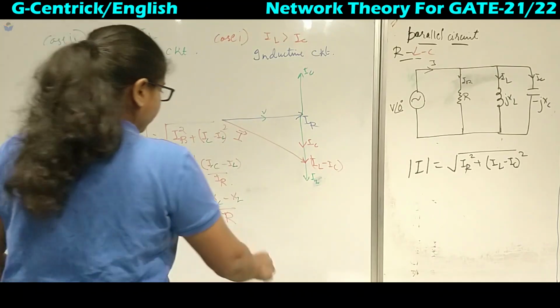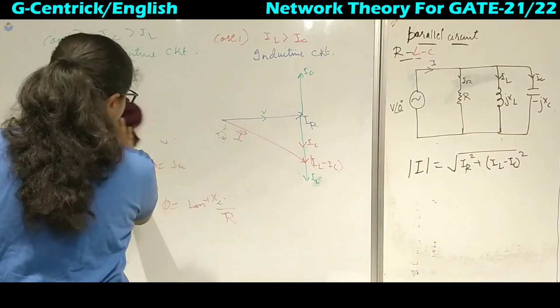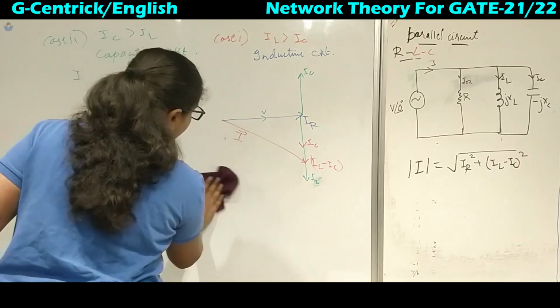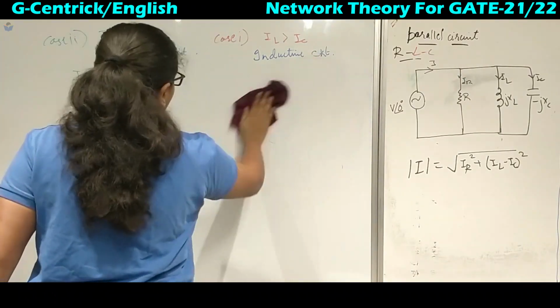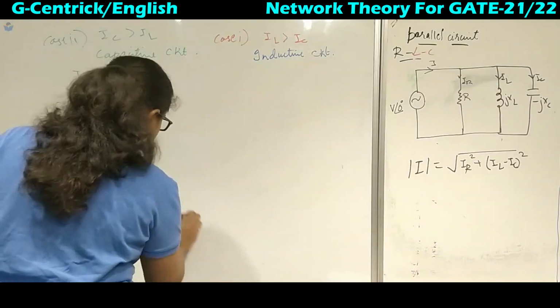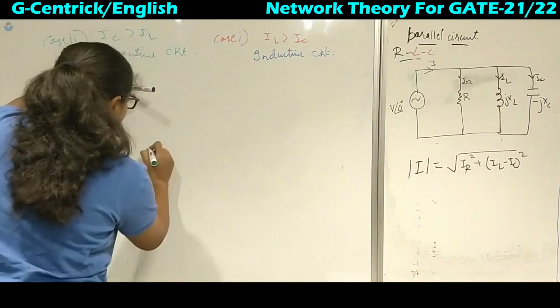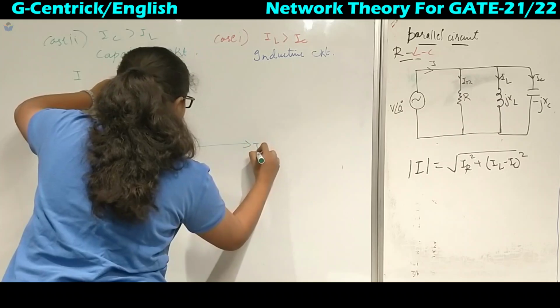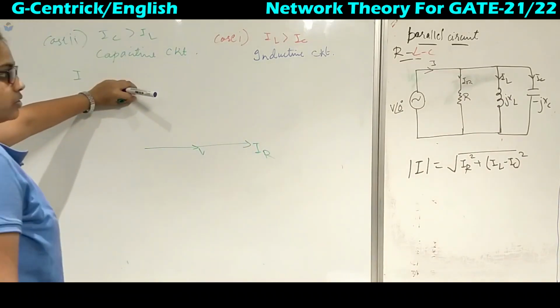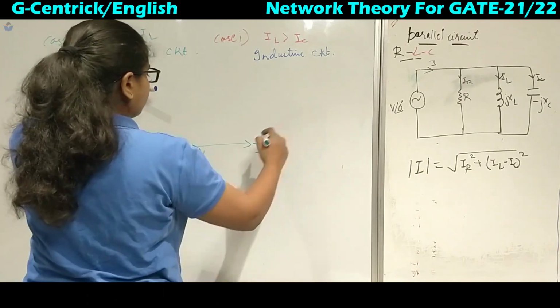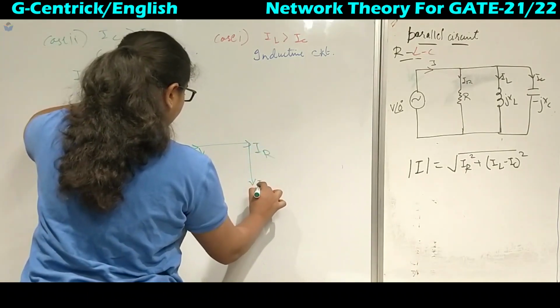Now what will happen here in the phasor diagram? It will be the same thing. Let me rub it completely. Here I will take IR as reference, and the voltage will be in phase with the resistive network. Next it comes to IL.